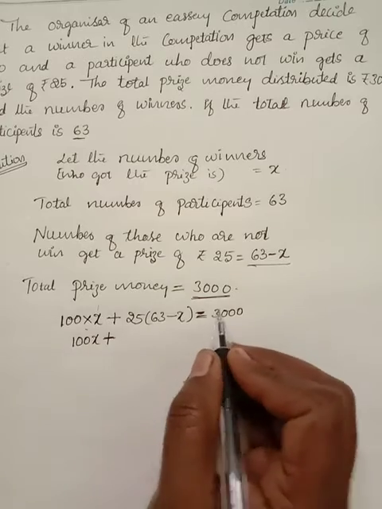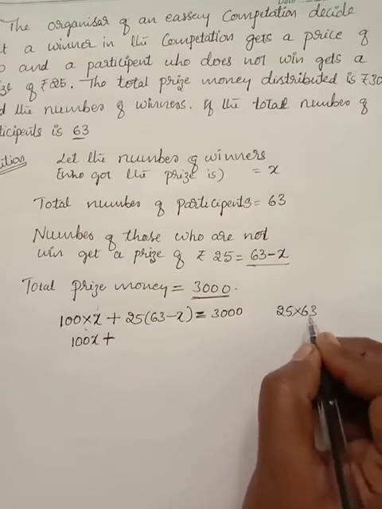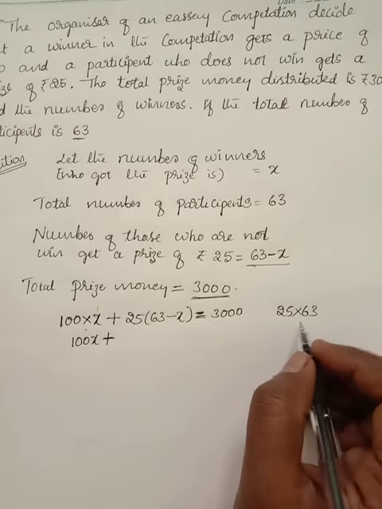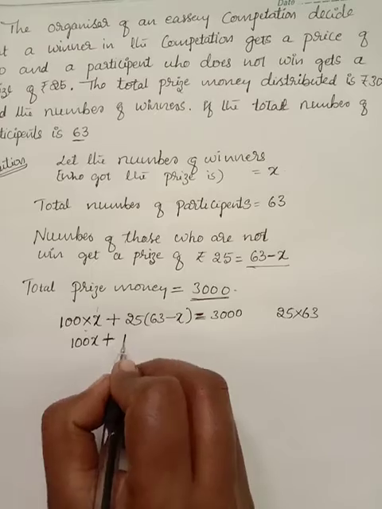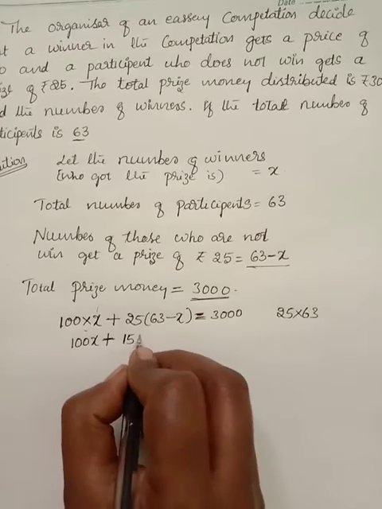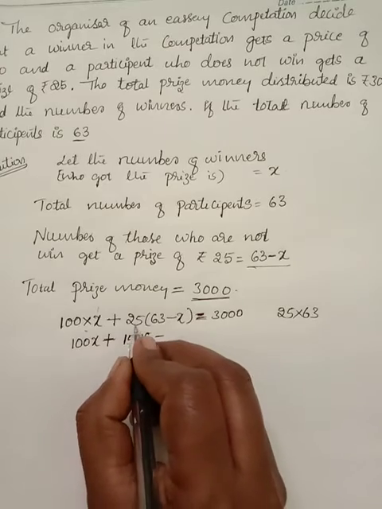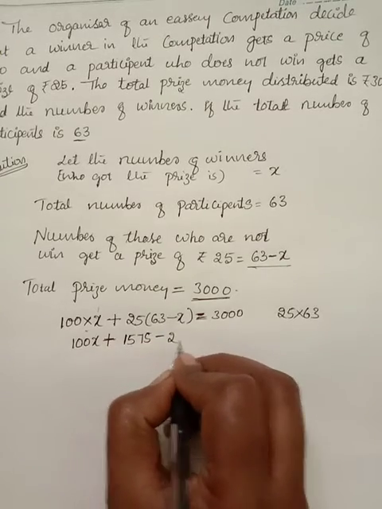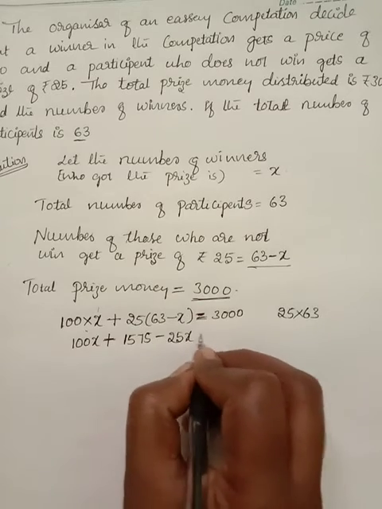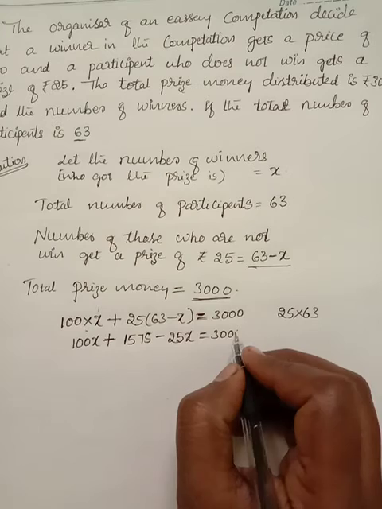So you check this as rough work, 25 into 63. So finally the product is 1575 minus 25, plus into minus is minus, 25 into x is 25x. So it equals 3000 rupees as it is.